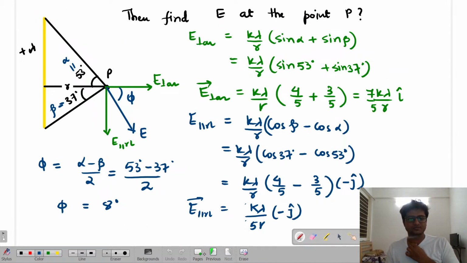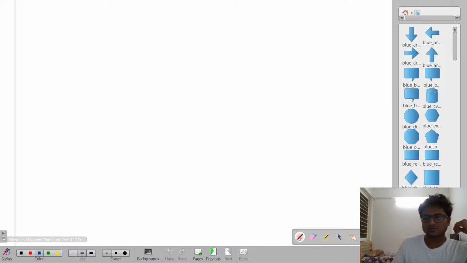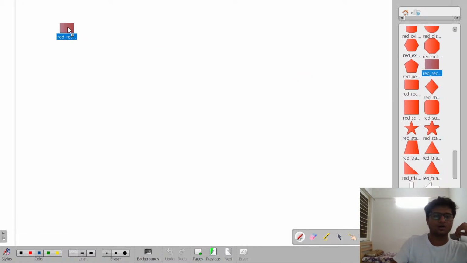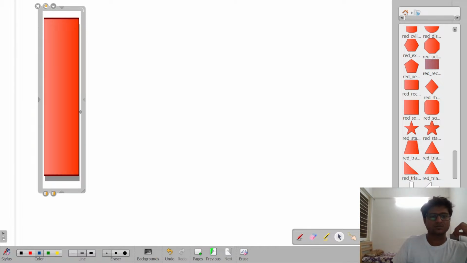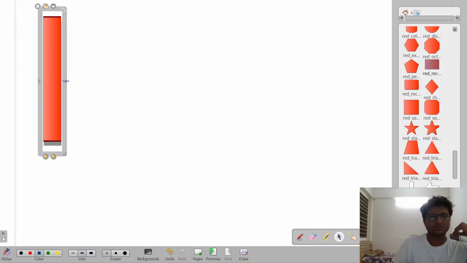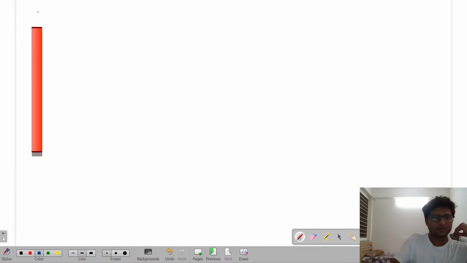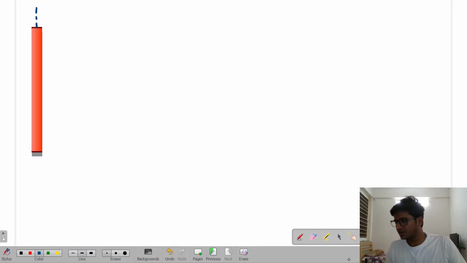So look over here. Let's suppose a charged straight rod which is semi-infinite. Yeah, it is semi-infinite.